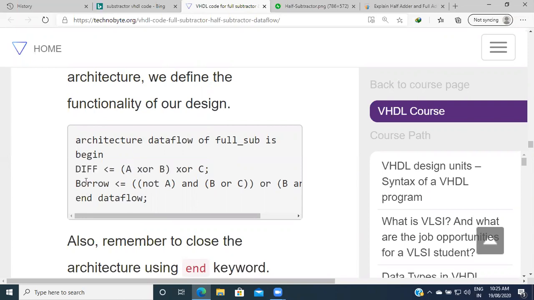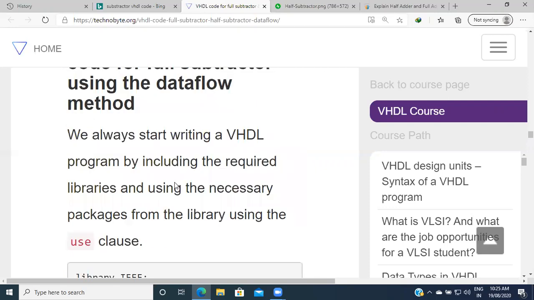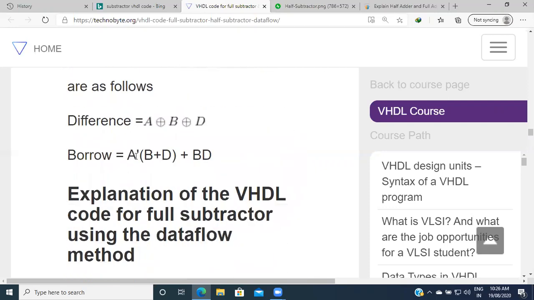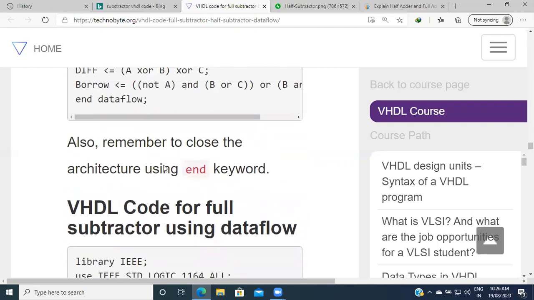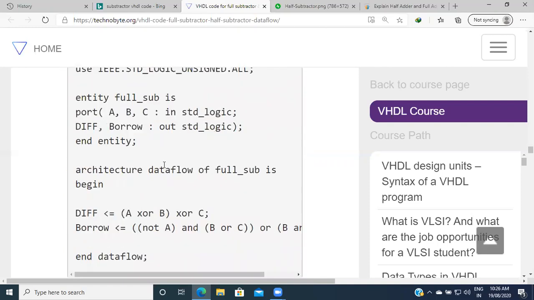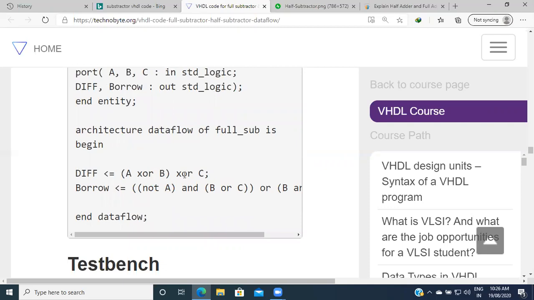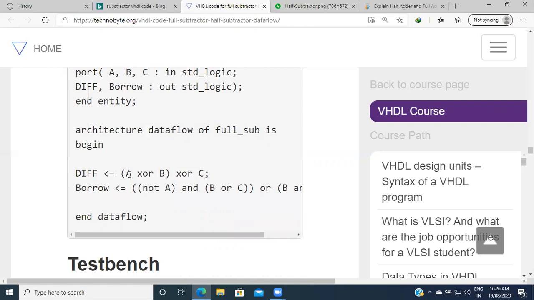Then to write the borrow, we write the mathematical expression: not A and B, or B and C. Here generally we are using A, B, C as the inputs.